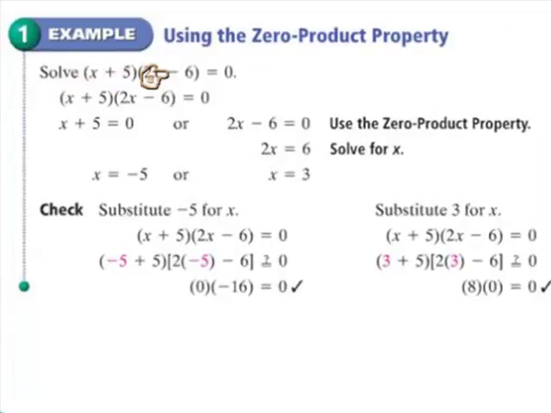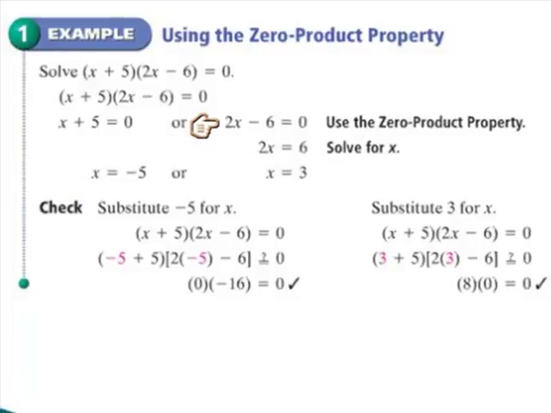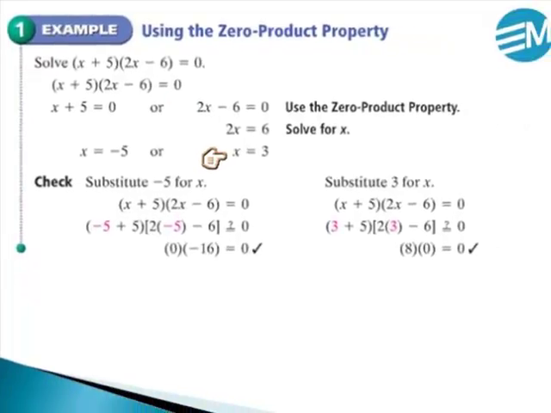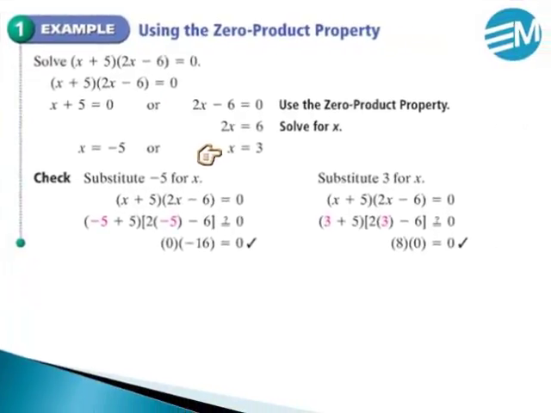Let's see if we have a question here. x plus 5 multiplied with 2x minus 6 is 0, and the product of two terms is 0 only if either of them is 0. If x plus 5 is 0, then we get x equal to negative 5, and if 2x minus 6 is 0, then we get x equal to 3 after solving it.